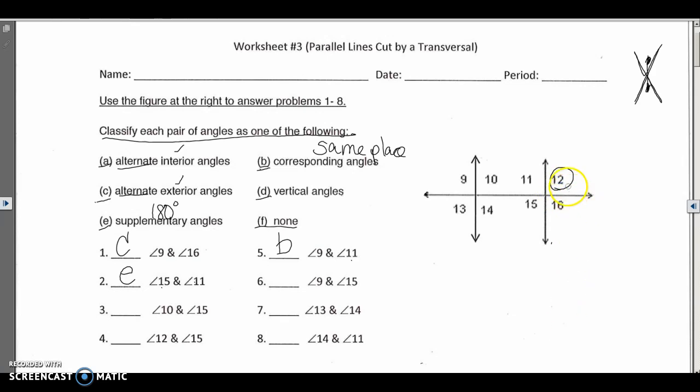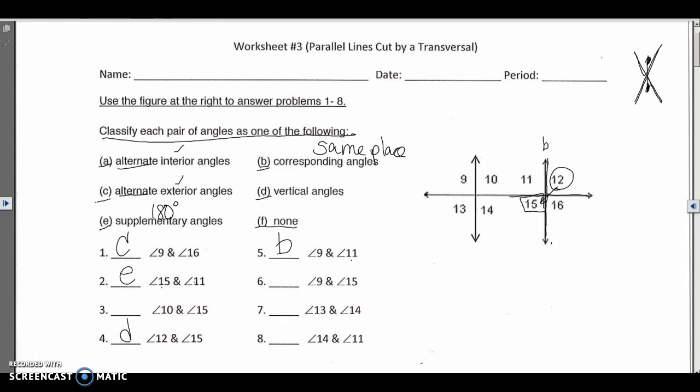Angle 12 is in the top right once the line is cut by the transversal. To find the vertical angle that matches this, here's the V, and here's the other side of it. The 2 points of the V come together. So directly across from angle 12 is 15. That's a feature of vertical angles: they're directly across from each other. So angle 12 and angle 15 are vertical angles. Letter choice D, and that would be for number 4, 12 and 15.